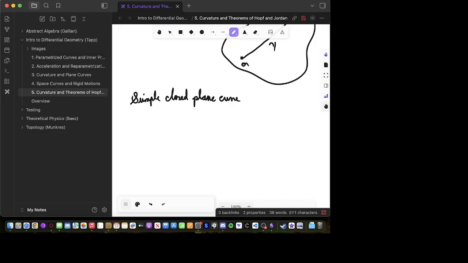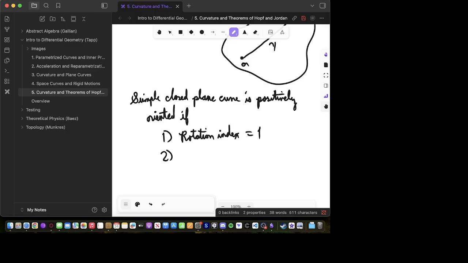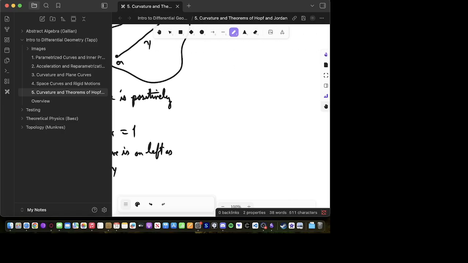A simple closed plane curve is positively oriented if the rotation index is 1, or equivalently, the interior of the curve is on the left as one traverses gamma.